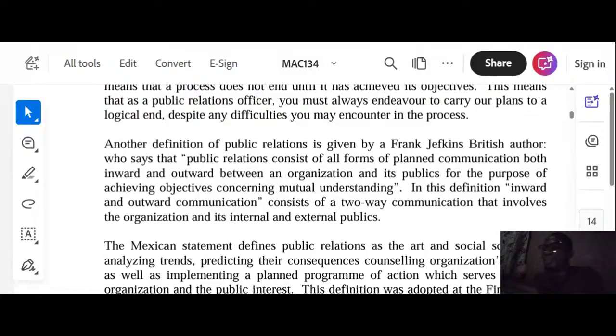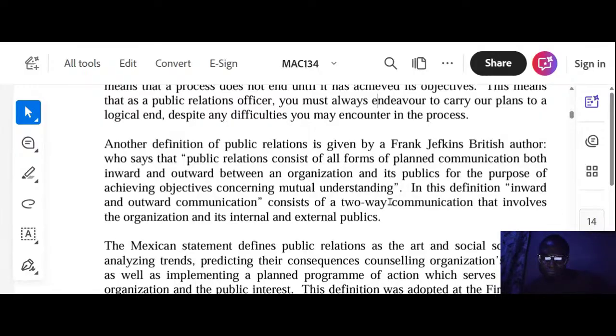And then the company will also get feedback from them, because when you have good public relations with your publics, you are going to see the effect on your sales. You will see the effect on the company returns.